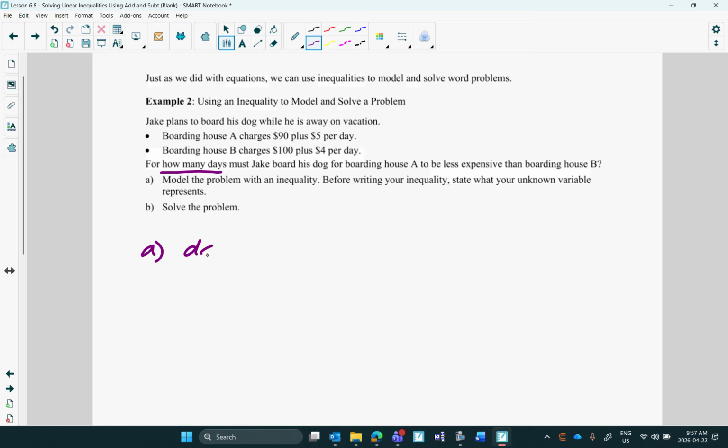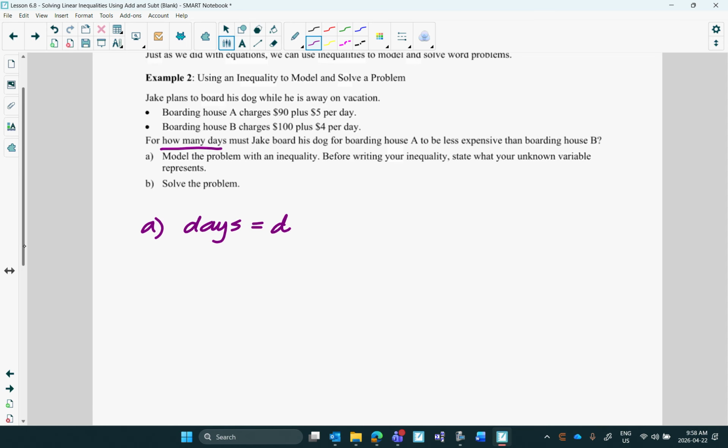So days, and we can call it X. I'm just going to call it D. So we need expressions for boarding house A and B. What would be an expression to find the total cost of boarding a dog at A?